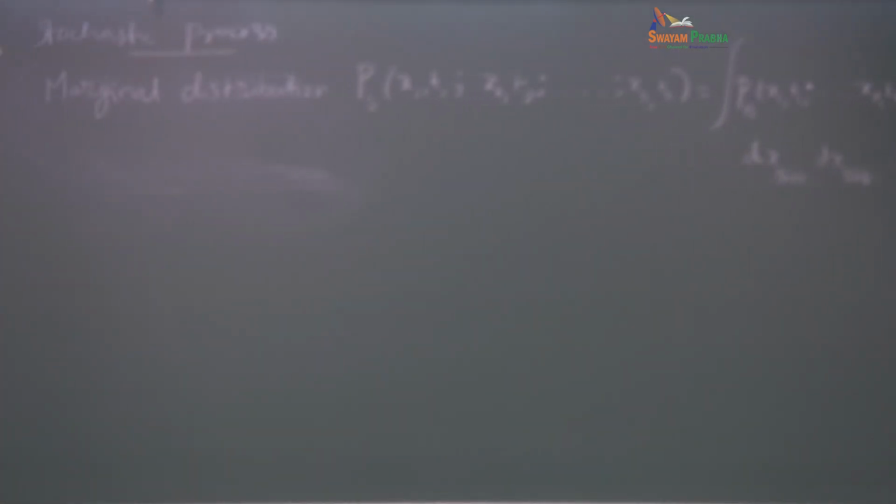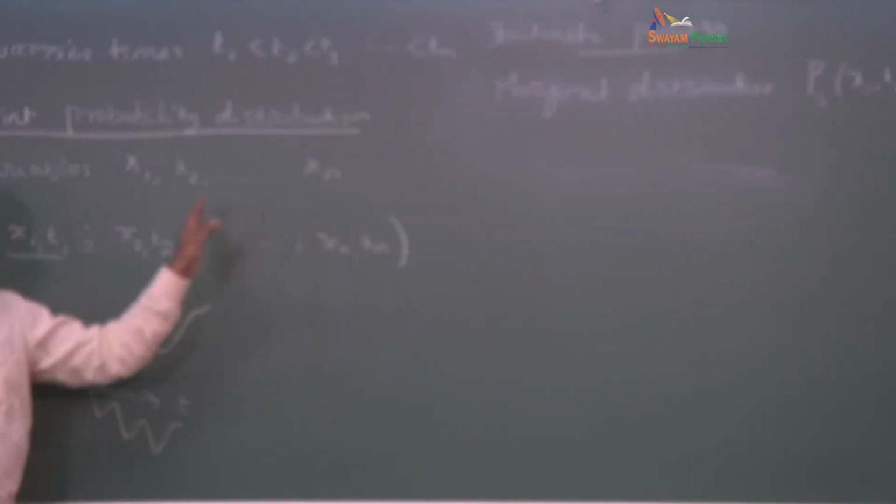So, we are saying that the total joint distribution function gives the entire information from t1 to tn.